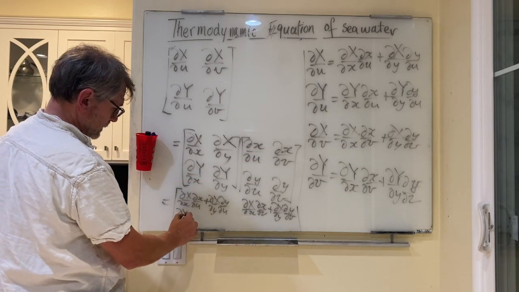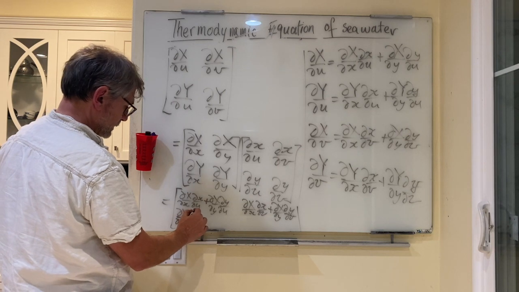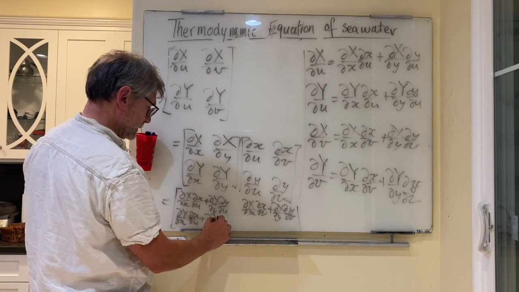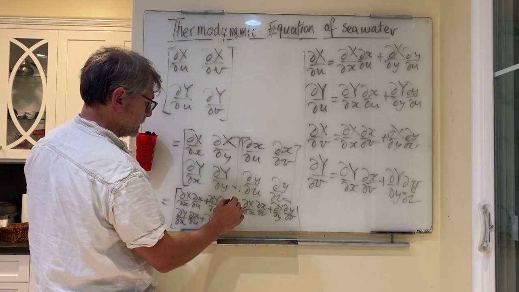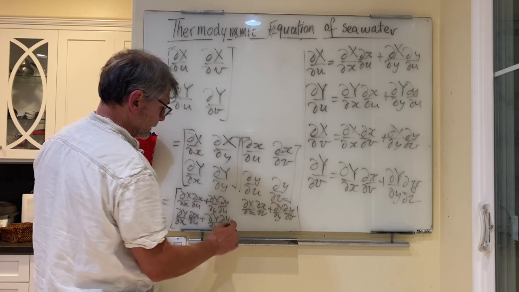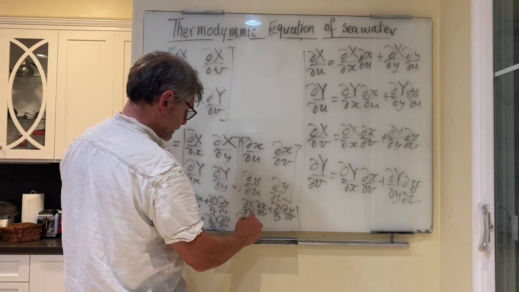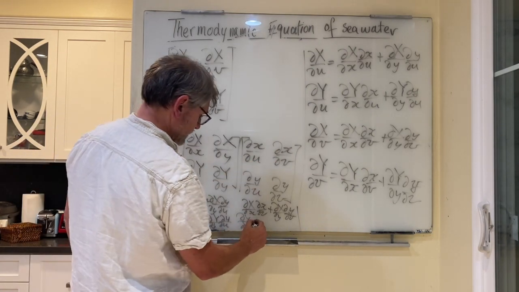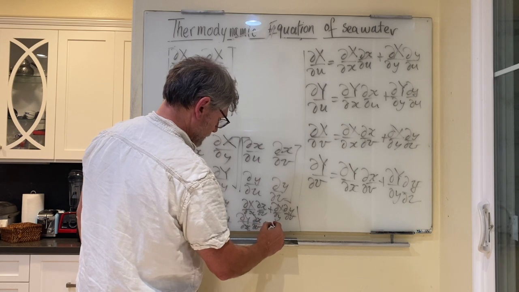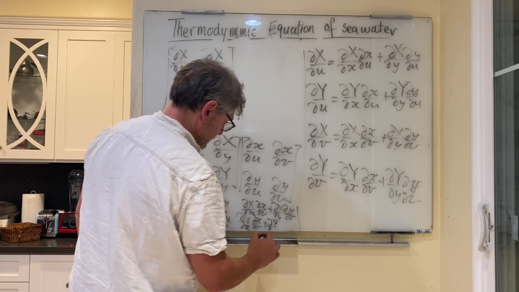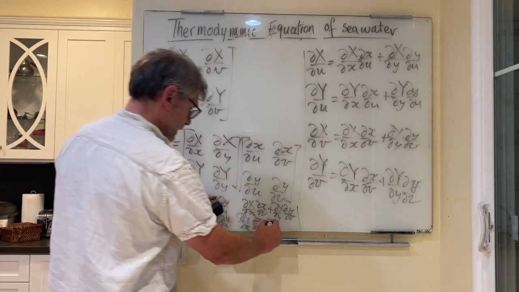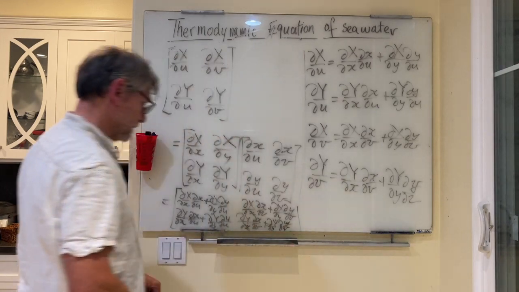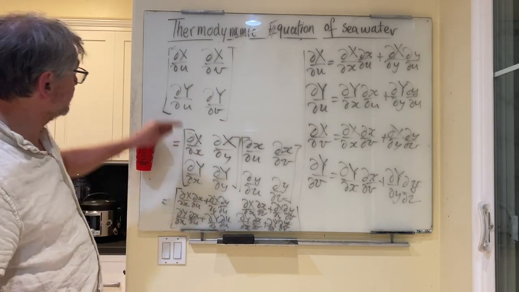So that's dY/dx, dx/du, plus dY/dy, dy/du. And let's do the last one: dY/dx times dx/dv, plus dY/dy, dy/dv.